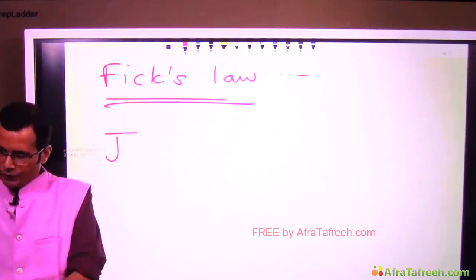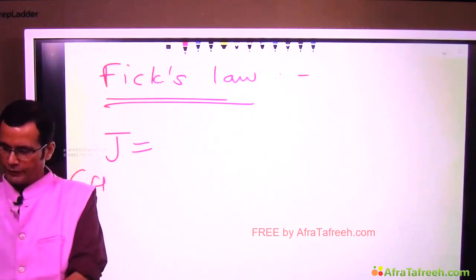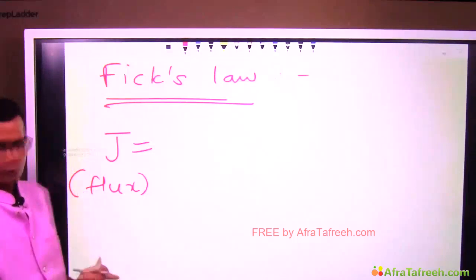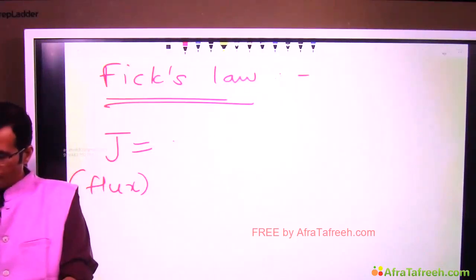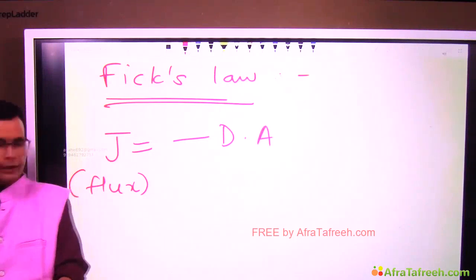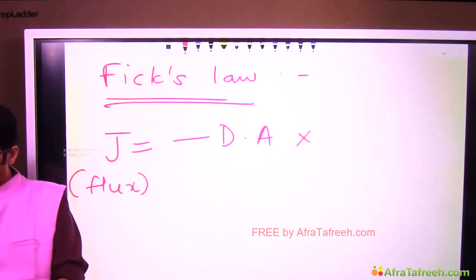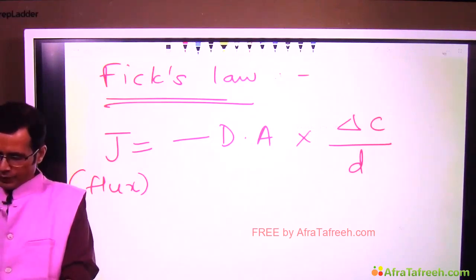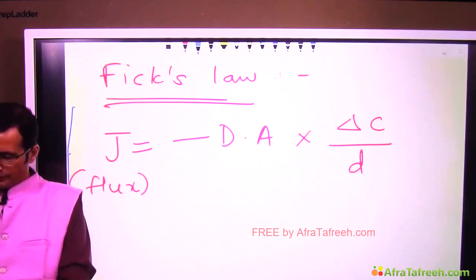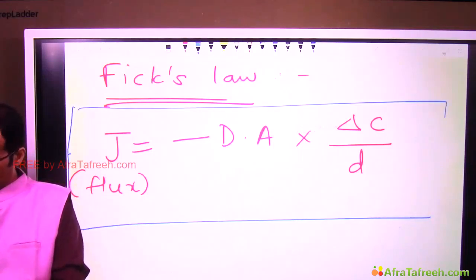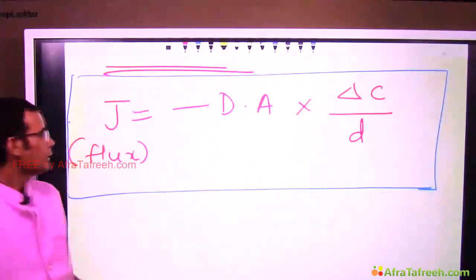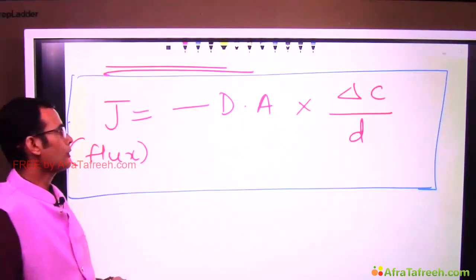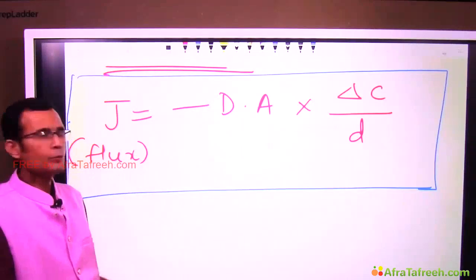It says J, that is flux, the rate of simple diffusion, is equal to minus D into A into delta C upon d. J is the rate of simple diffusion, is equal to these are the factors to which it is proportional. Minus sign indicates downhill transport.